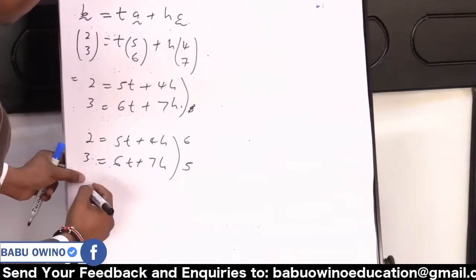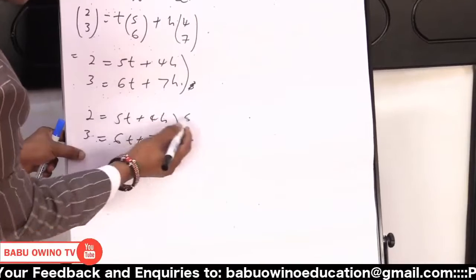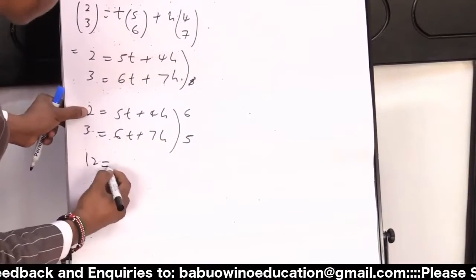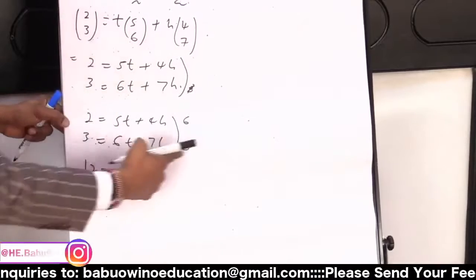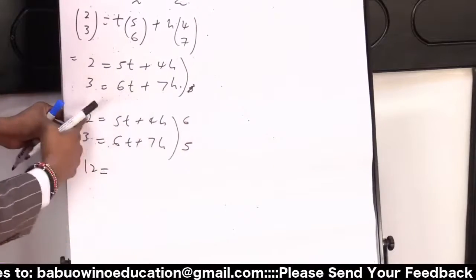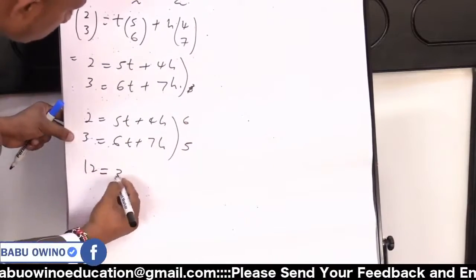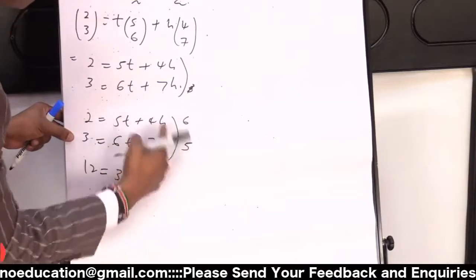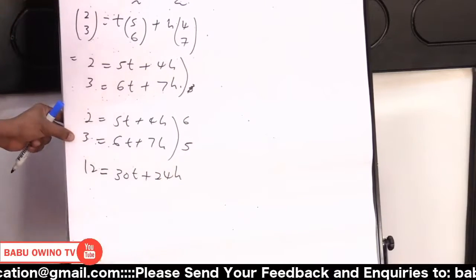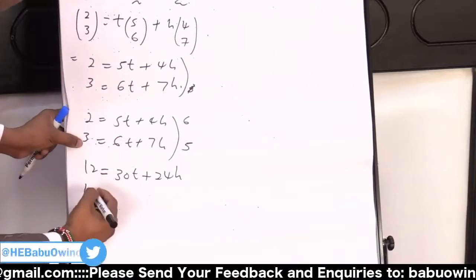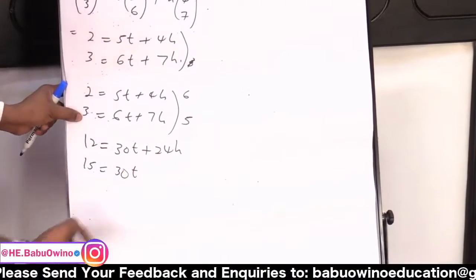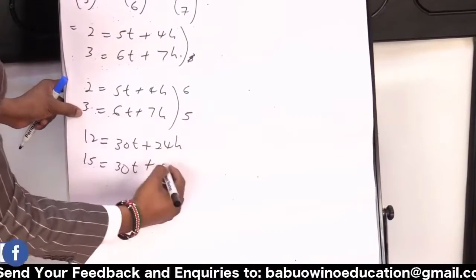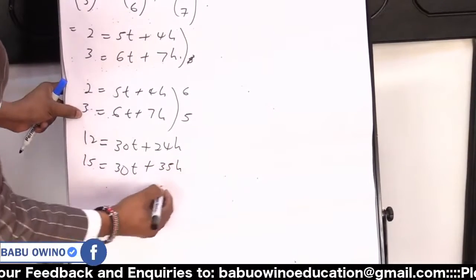So by elimination method, this is going to be 12 equals 6 multiplied by everything here, then 5 multiplied by everything here. So this is going to be 12 equals 30T plus 24H. Then down here is going to be 15 equals 30T plus 35H.